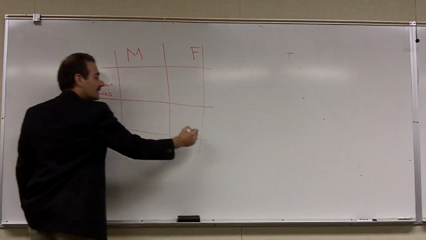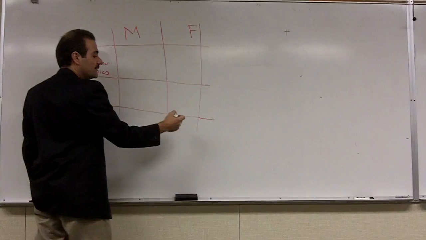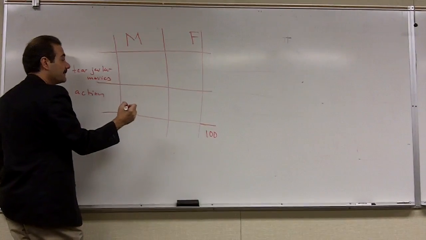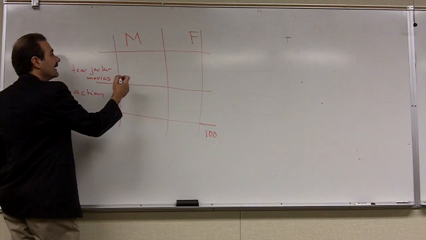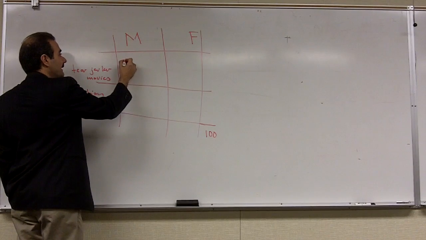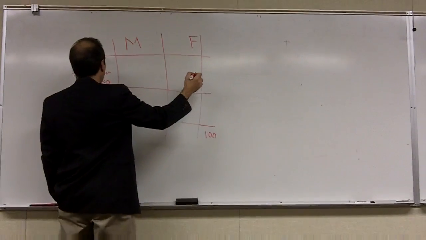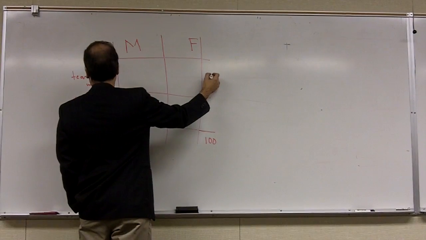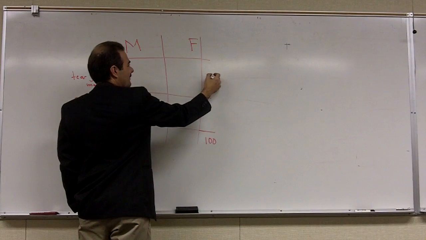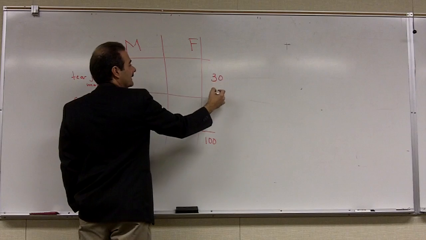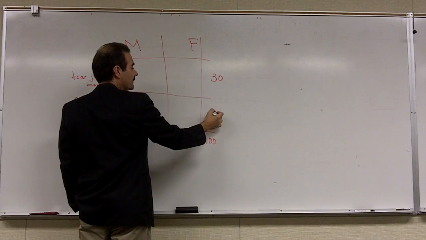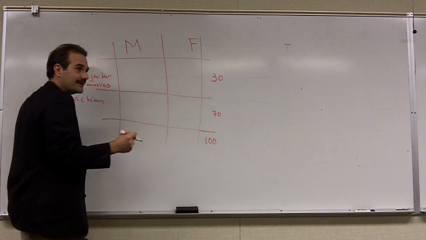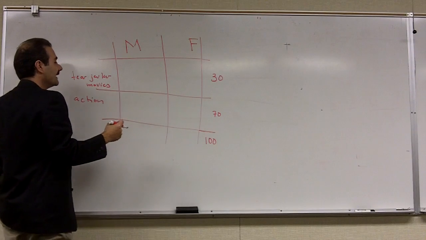So let's take a look. Let's come up with some numbers. Let's say you sampled 100 people, and you discovered that overall most people didn't go for tearjerkers. Most people ended up seeing action movies. Men determined that, hey, they drag their girlfriends to action movies.